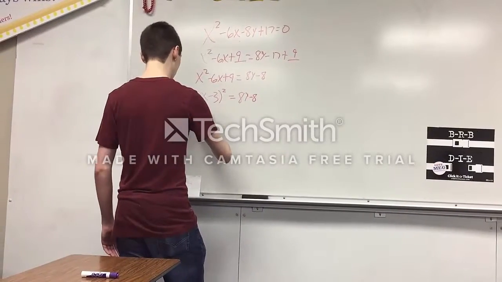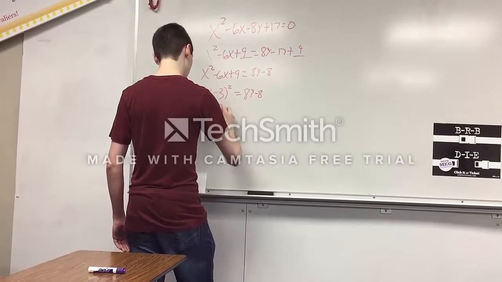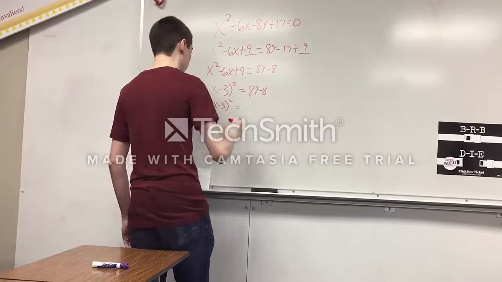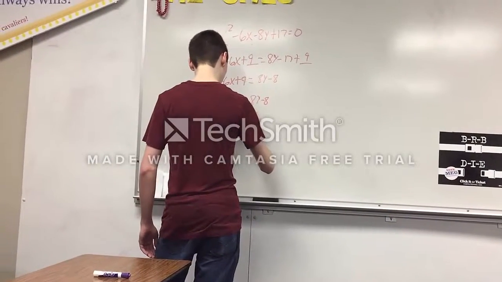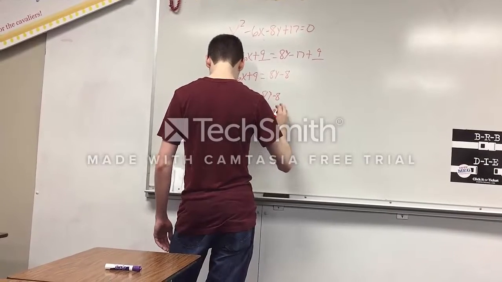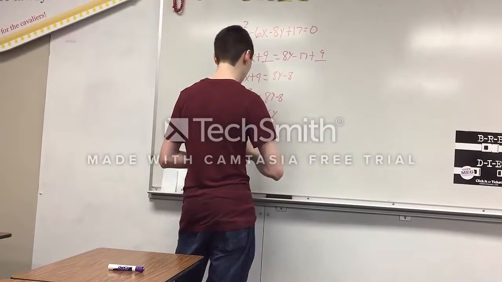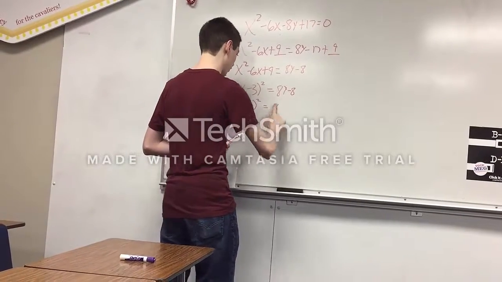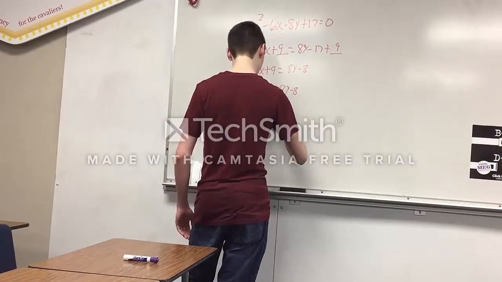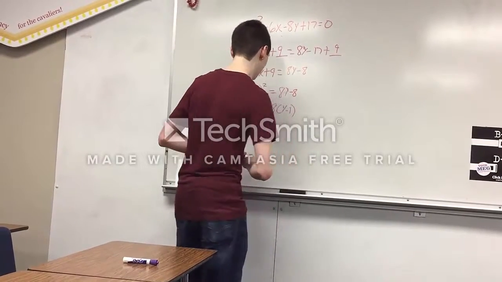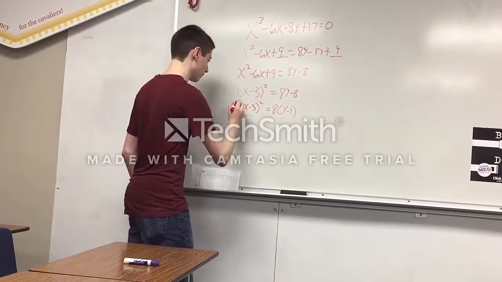And then we're going to have to take the common term out of that, so it would be negative 8. Sorry about that. It's actually positive 8 times y minus 1. And then that is the standard form.